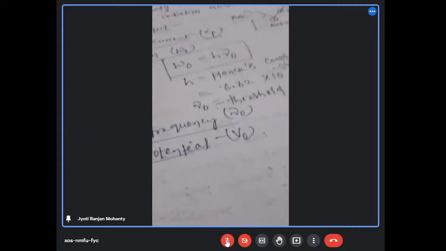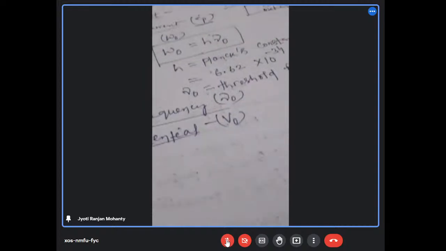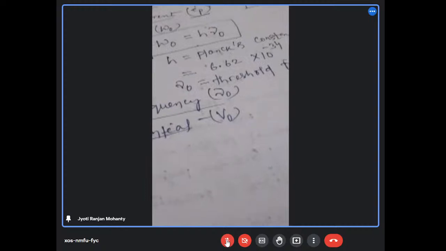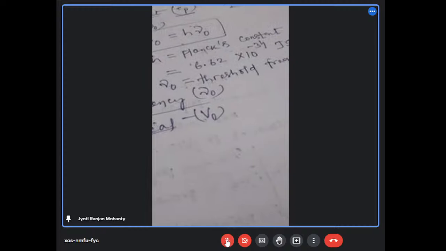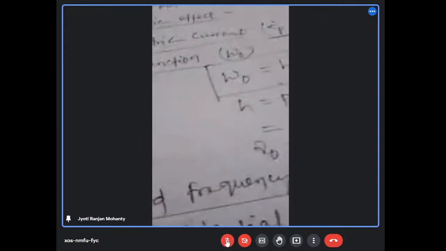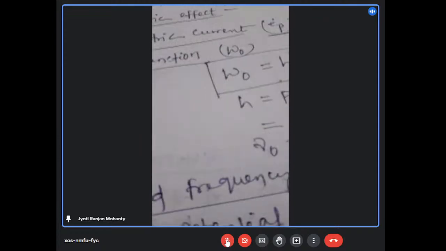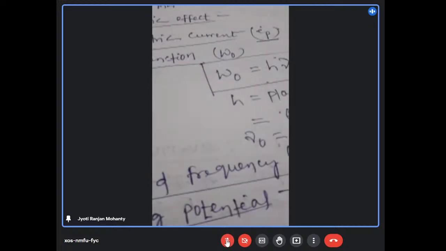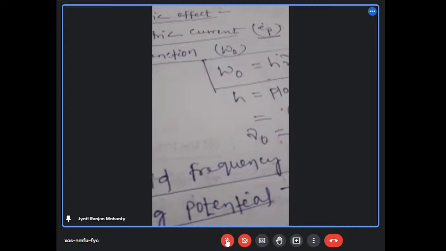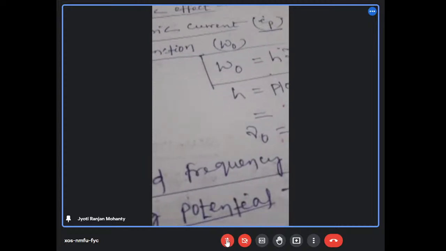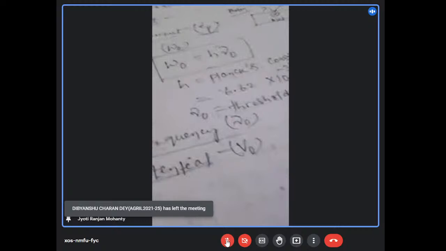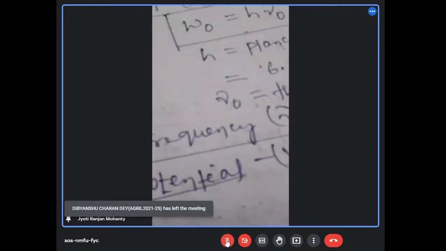The stopping potential is a negative potential due to which photoelectric current becomes zero. Photoelectric current becomes zero means there will be no emission of the electron. So when photoelectric current becomes zero, or we can say no photoelectric effect, that is called stopping potential.